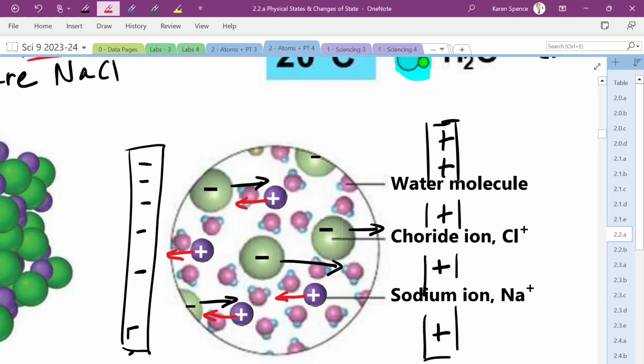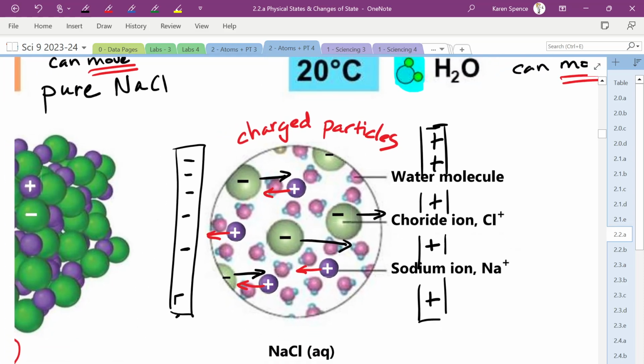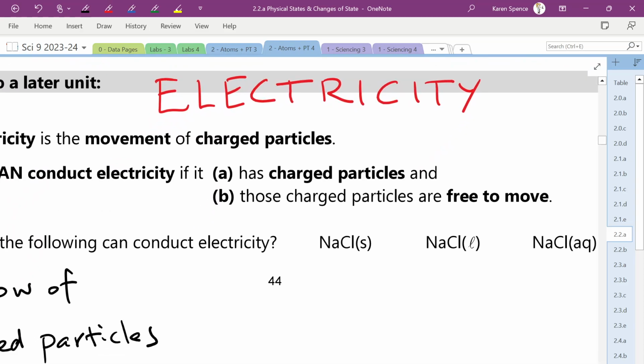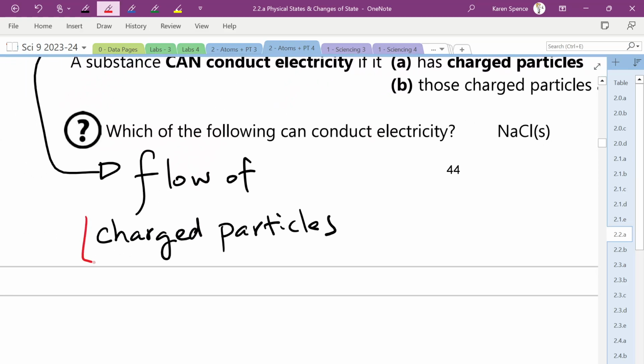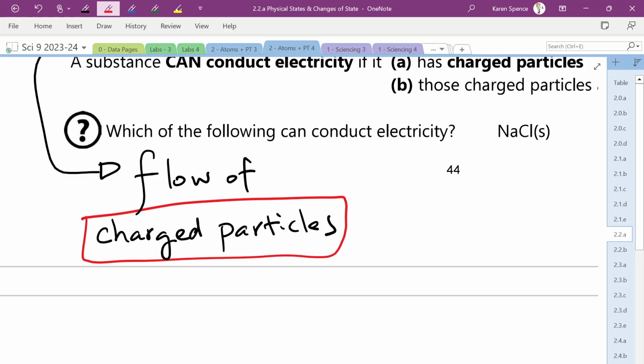But what you can see is that in here, we have some charged particles. And what do we need for current electricity? We need charged particles. And if they're going to flow, what do they need to be able to do? They need to be able to move.